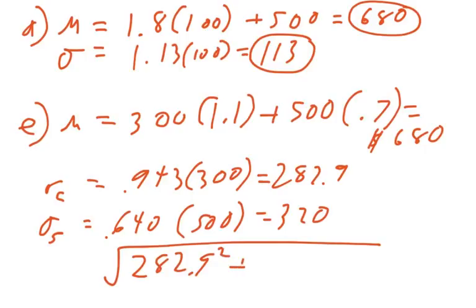The square root of 282.9 squared plus 320 squared turns out to be $427.12, your standard deviation.